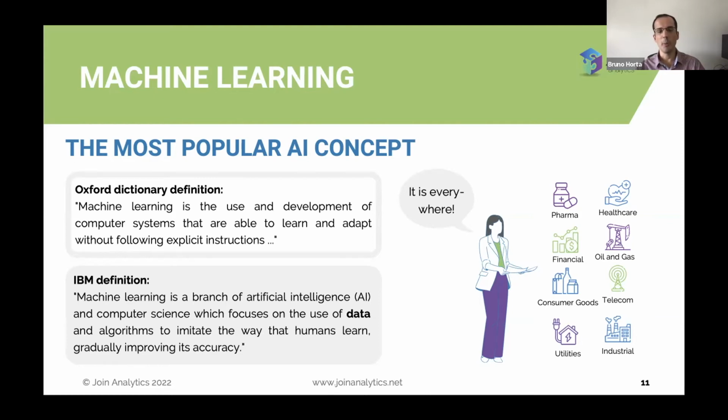And then dog pictures to the computer. That's a dog, that's a dog. And with these examples, the computer is able to generalize, so it can recognize whether a picture is a dog or a cat, in a picture that it has never seen before in the training data. So that's the concept of machine learning, and it's being used everywhere. So in pharma, healthcare, financial, oil and gas companies, basically everywhere.